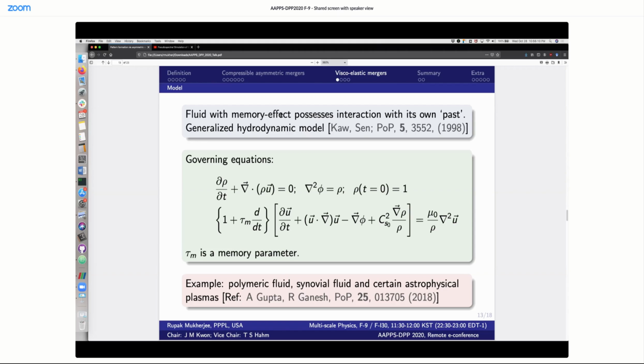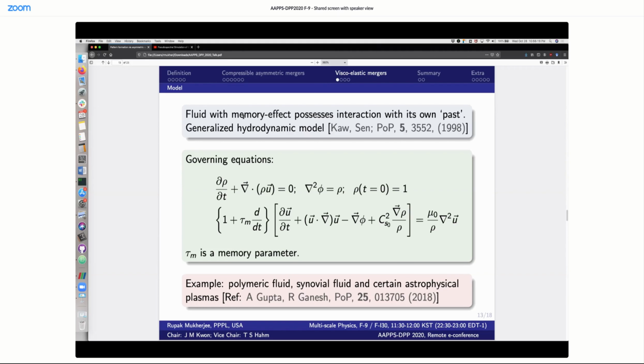So it's like an integration from t equal to 0 to the present time. We simulate this sort of viscoelastic fluid using a standard model called the generalized hydrodynamic model.